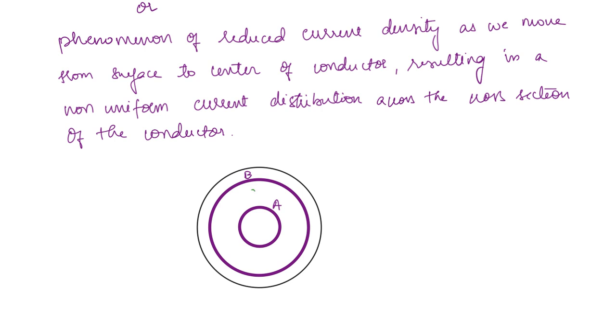If you consider the current in the conductor to be coming out of the plane, this is I. Then what will be the direction of the magnetic flux line? You can find it from the right hand rule. It will be in the counterclockwise sense. So this is one magnetic flux line we have taken.